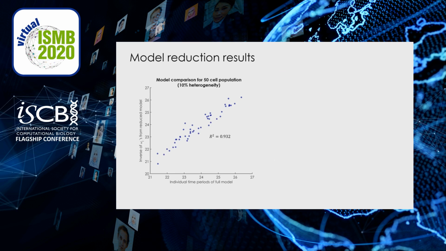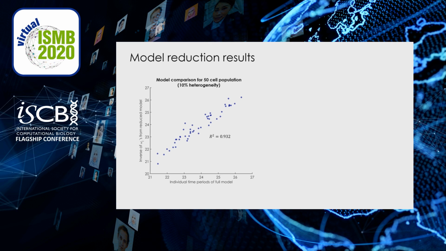So some of the results we get from making these reduced order models, we can see that if I were to plot the individual time periods in a population of 50 cells of the full high dimensional model and plotted the reduced model, the time periods of cells from the reduced model are fairly well correlated.